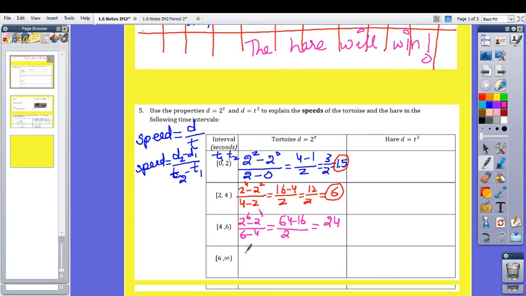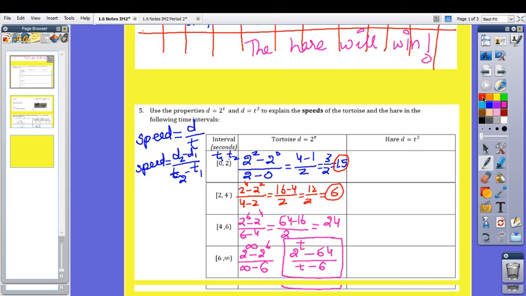Now it is asking us to use infinity, so 2 to the infinity power take away 2 to the sixth power, so infinity take away 6. Now because we do not know exactly what value we are looking at, instead of using infinity you can use t. So instead of using infinity, we use t, and that gives us a speed formula pretty much for the tortoise.